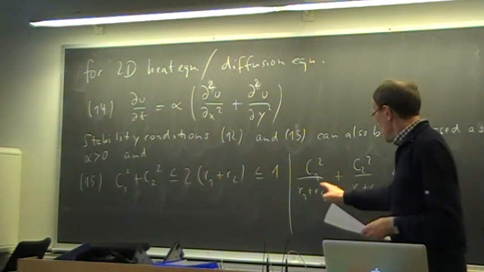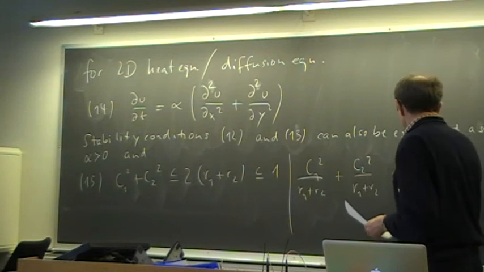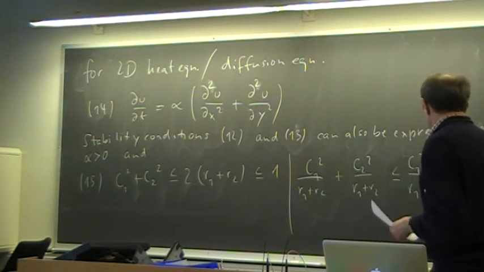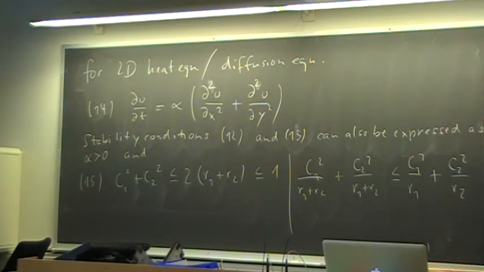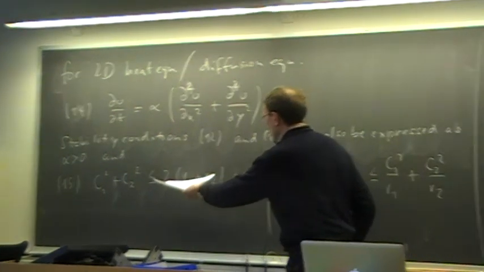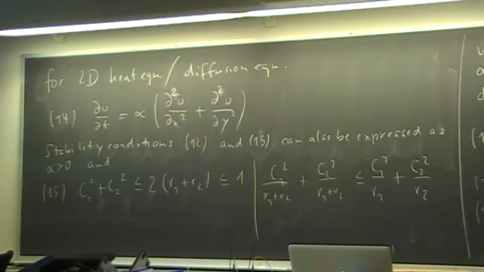If this is something positive, and if we have something smaller, then we can do this trick here, R1 plus this R2. So we can use this. So the condition here is a little bit tougher than this condition. But if we have this satisfied, then this is satisfied by this argument here.